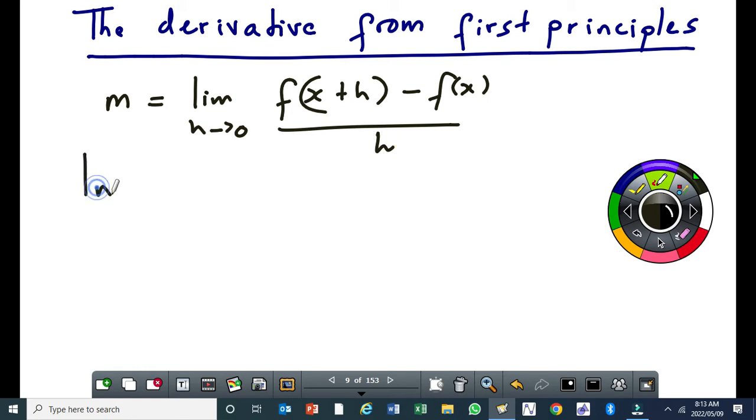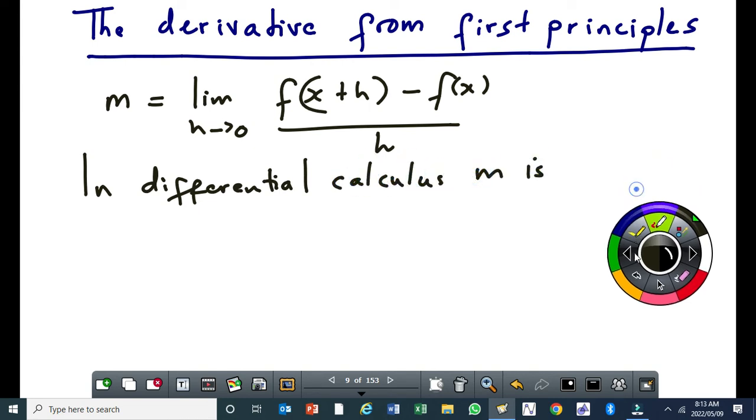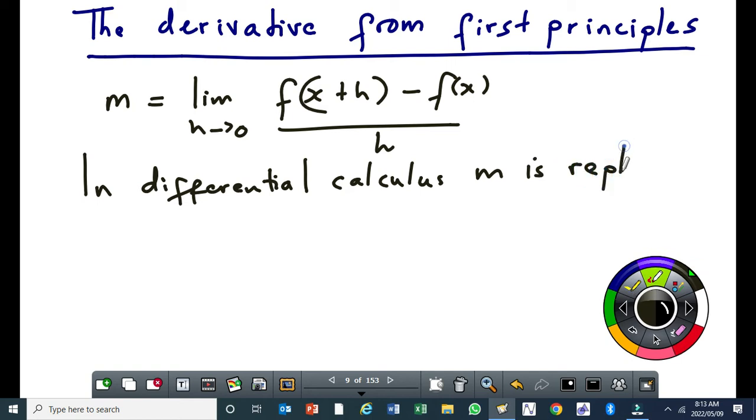So, in differential calculus, m is replaced by f prime of x.